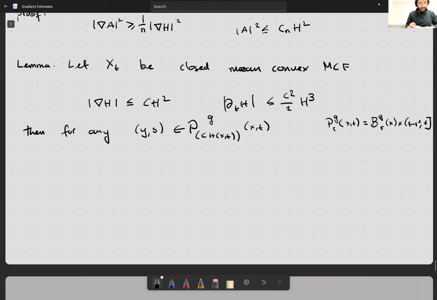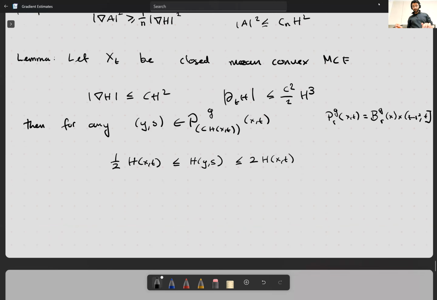We have this property: the mean curvature at (y,s) is within this bound of the mean curvature at (x,t).